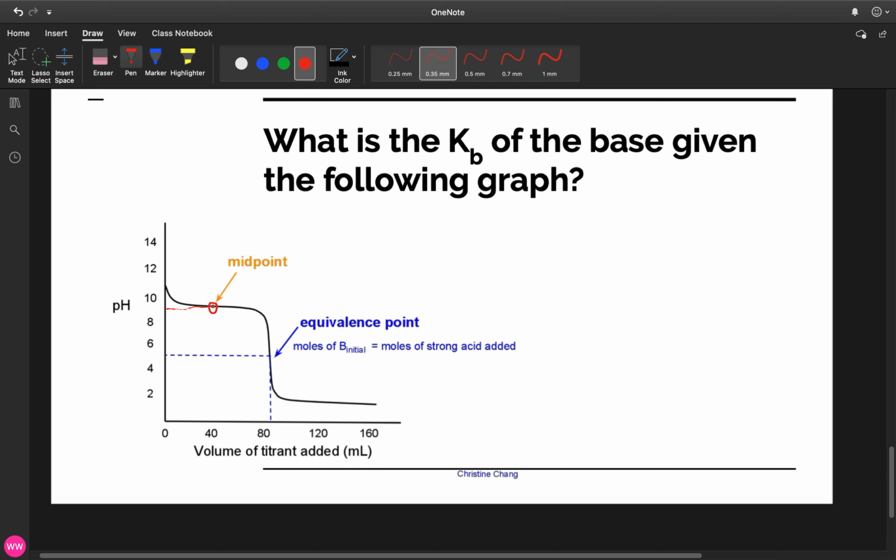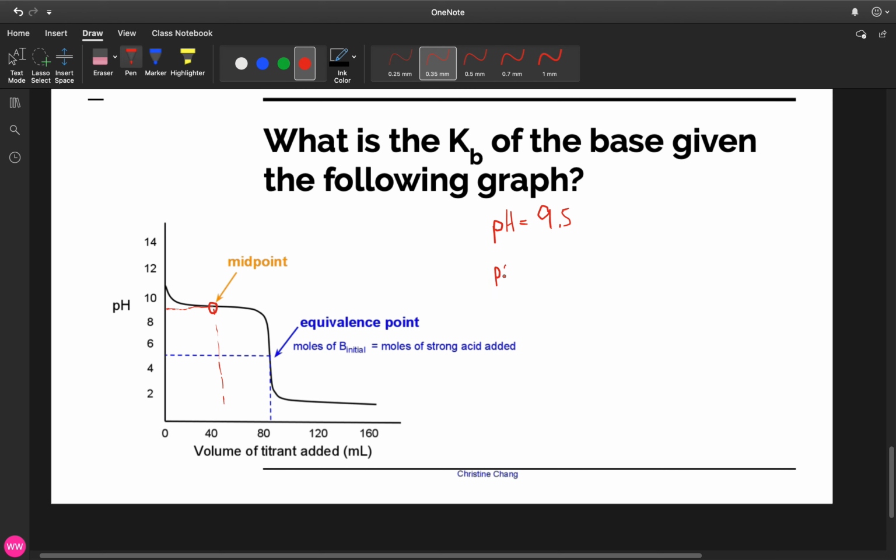So we'll plot over to the pH curve, and then down. Looking at the halfway point, it looks like the pH is 9.5. Use your best judgment. If you said anywhere from 9.3 to 9.7, you'd probably be within the ballpark.